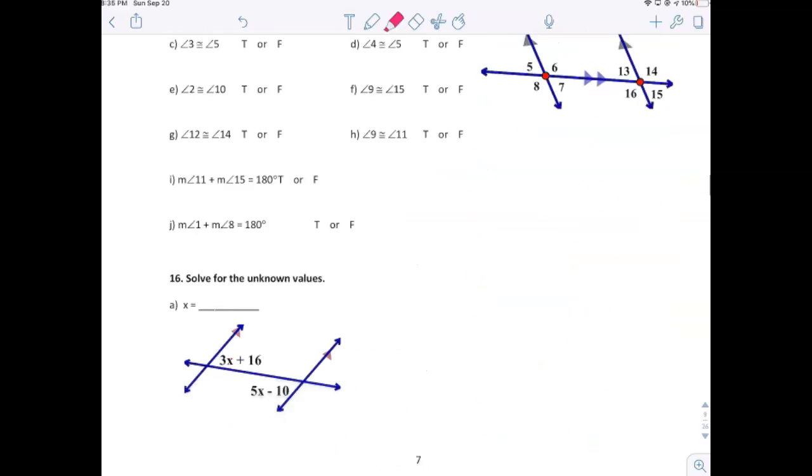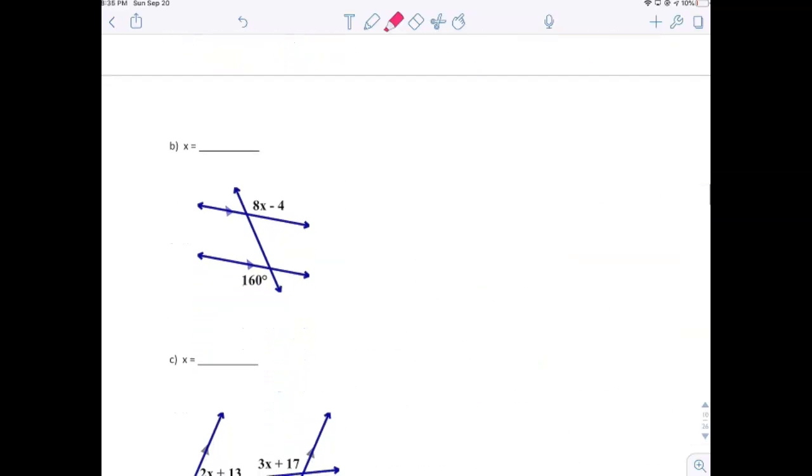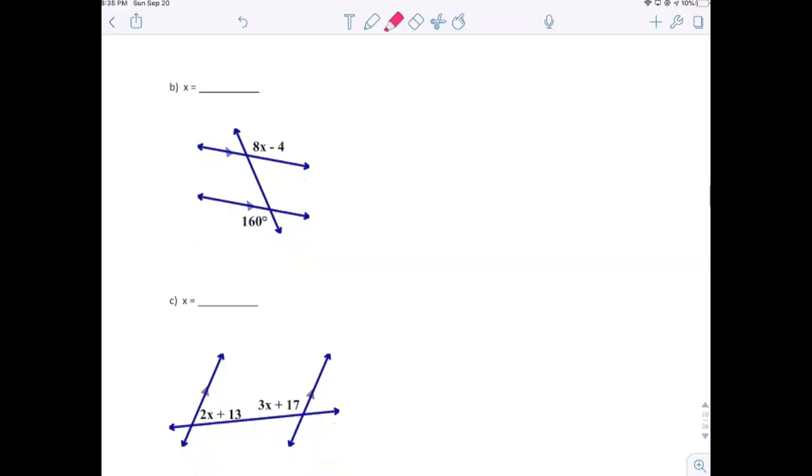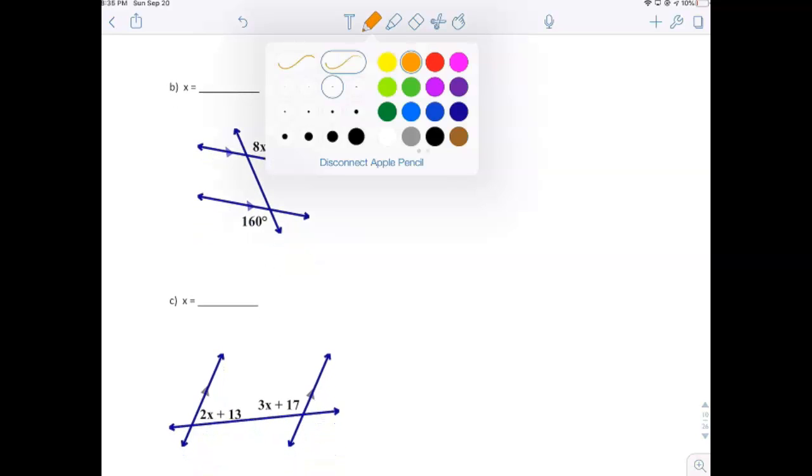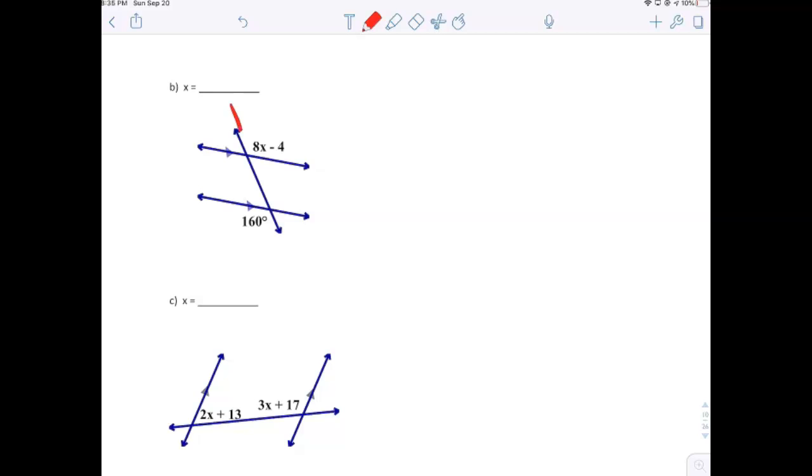Page 8. Remember when headquarters called, they said for us to jump to page 8 because we have similar problems here. So we're going to outline that, and it looks like an obtuse angle. If you have highlighters or colored pencils or anything you can use other than what you're normally writing with, it really helps.